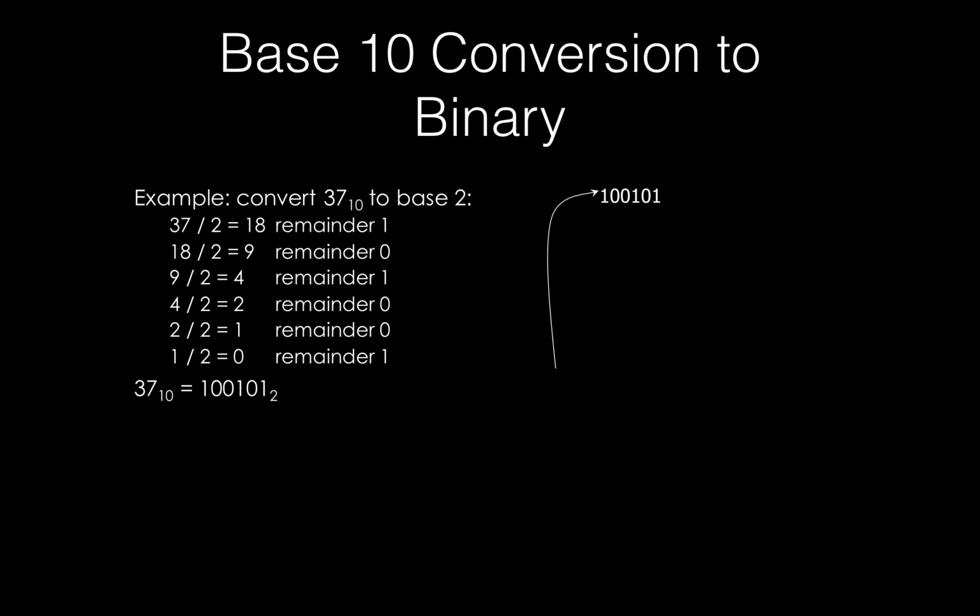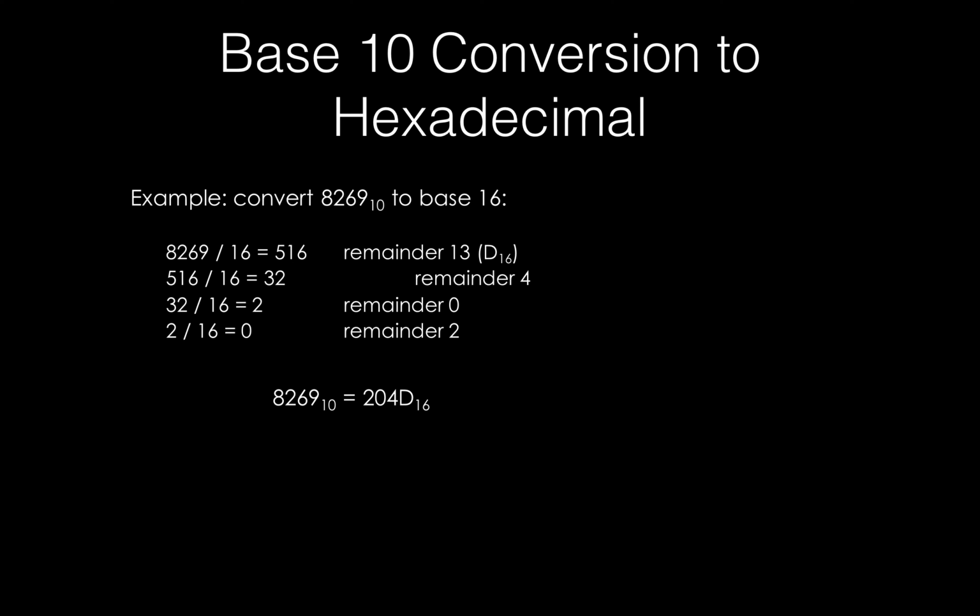You take a number in base 10 and divide it by 2, and if you have a remainder you write 1, and if you don't have a remainder you write 0, and you stop when the quotient is smaller than 2. And this is another approach on how to convert to base 16, the same thing.